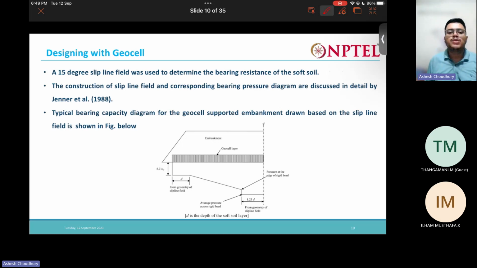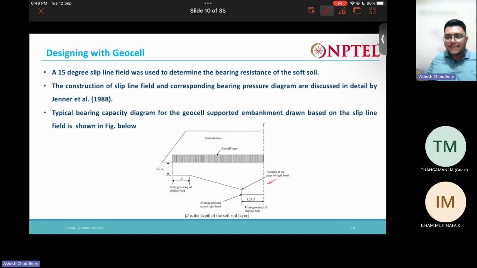This geocell layer will be acting as a strong foundation for the embankment. So you can see here we have the embankment and the geocell layer. Now, using this slip line theory, we try to draw this pressure diagram.